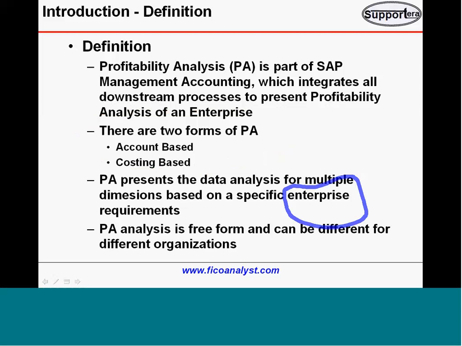The analysis of the data is multi-dimensional, so you can see it from different dimensions. And PA is free-form analysis, which means there is no specific way you need to analyze. Whatever way management wants to analyze, they can. It's free form, and it can be different for different organizations.